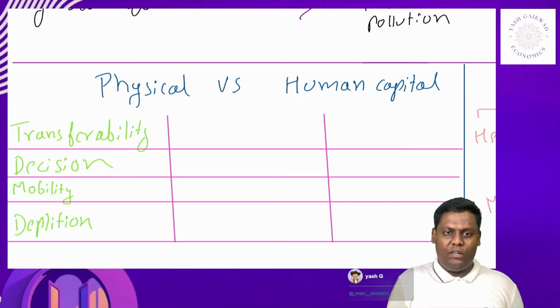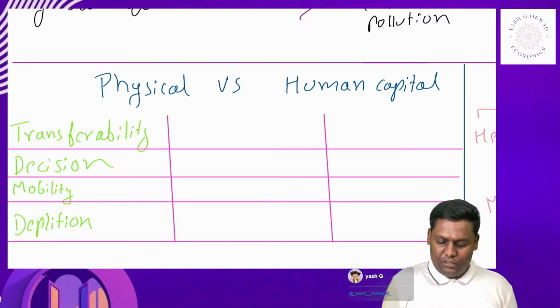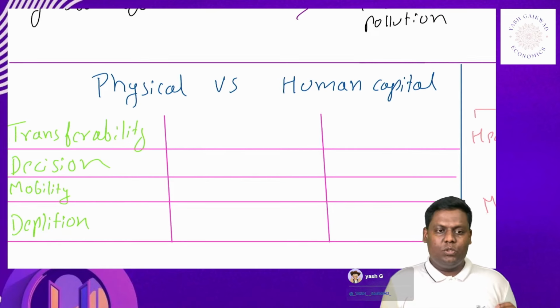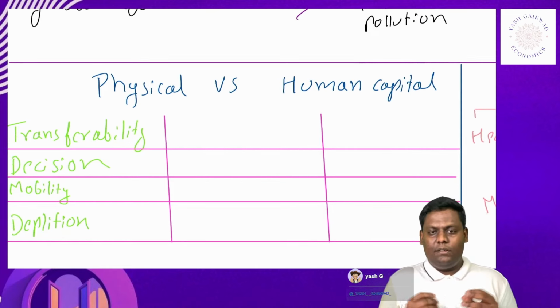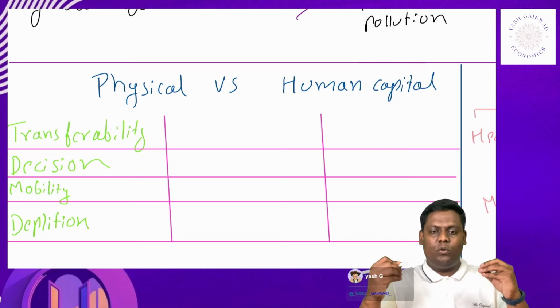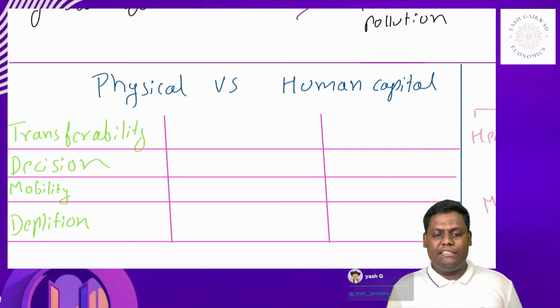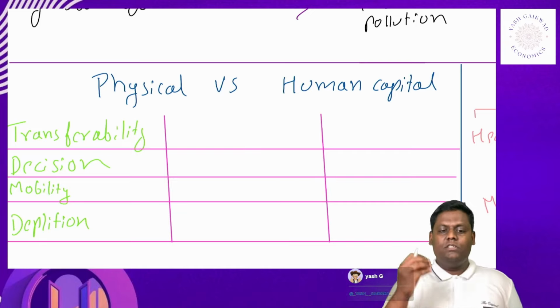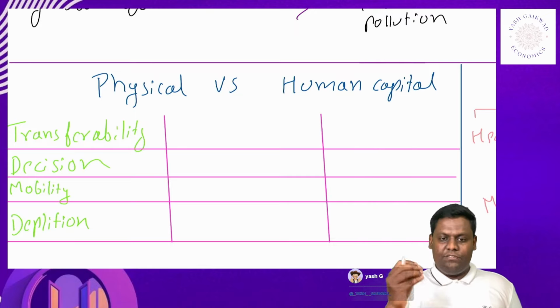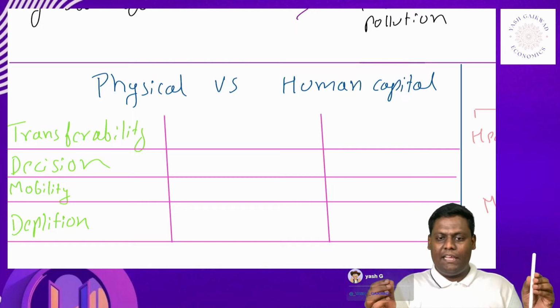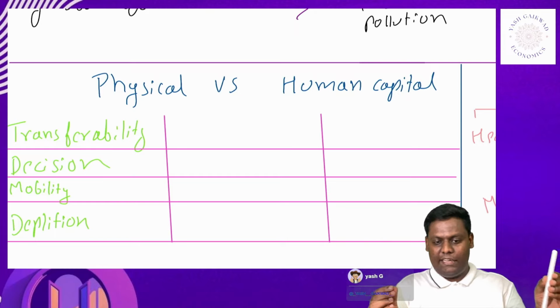So let us try to understand their differences on the following factors. Number one, transferability. Human capital cannot be transferred so easily. Let us take an example of a bus and a bus driver. A bus is a physical asset. It can be transferred. A bus owner can sell his asset to another person, thereby resulting in a transfer of an asset.